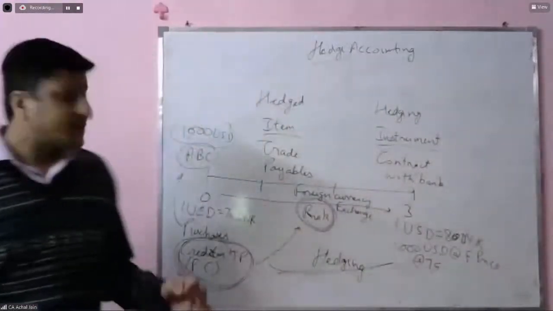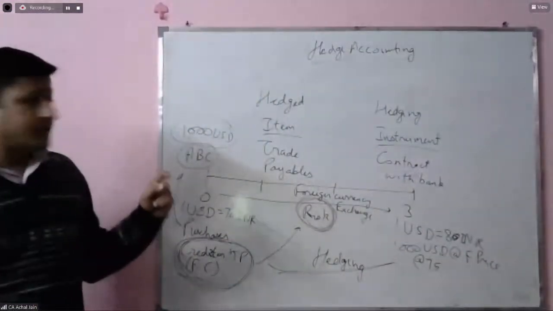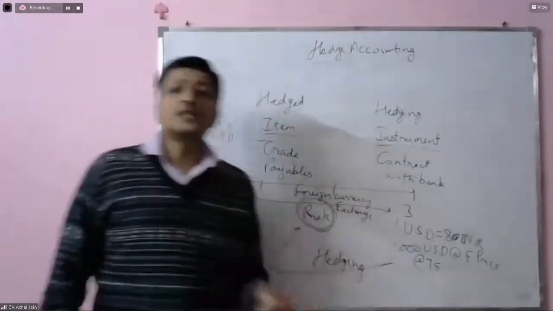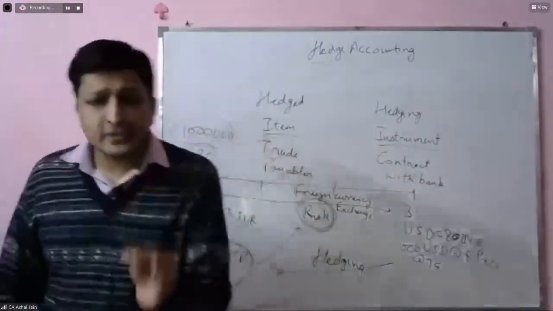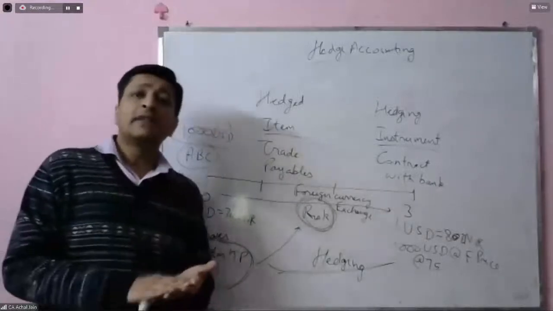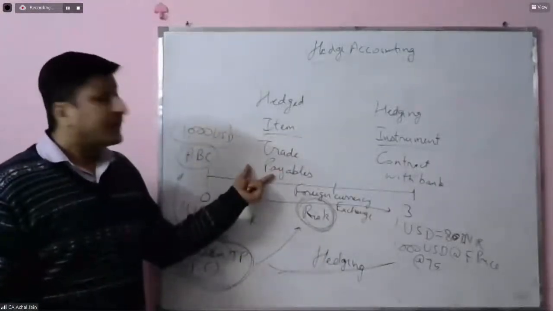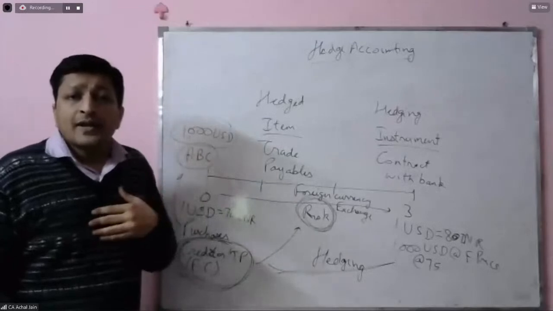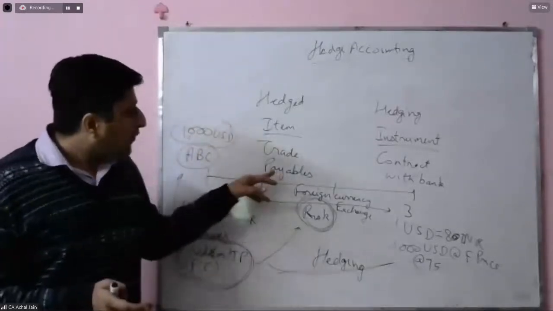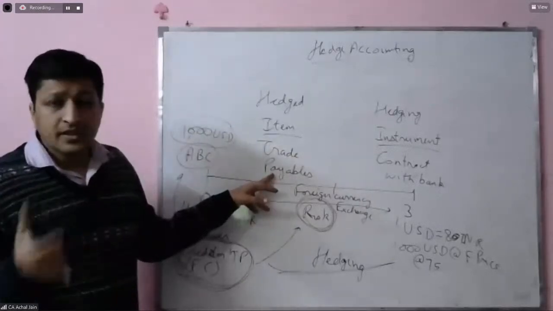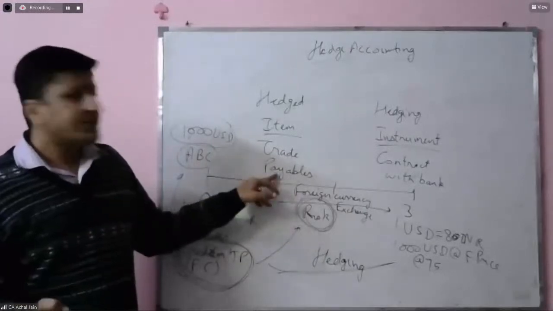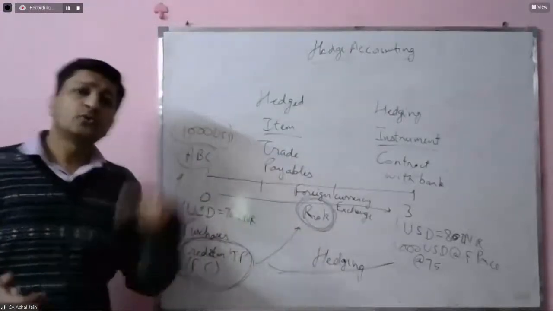There's a contract which ABC has entered into with the bank, that ABC will get 1000 USD at a fixed price. That instrument will hedge trade payables. So now trade payables will get hedged. The risk of the exposure, the risk of this currency in relation to trade payables, is covered through what?